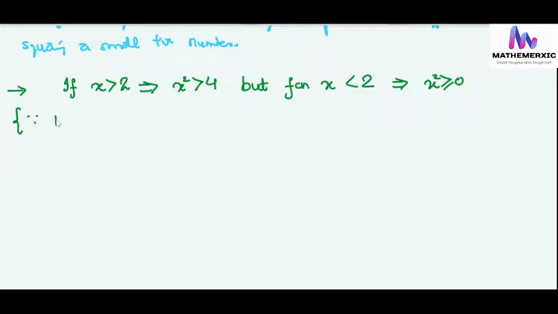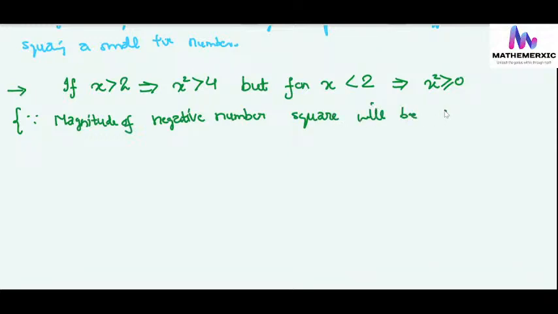Since the magnitude of a negative number, when squared, will be greater than that of a smaller magnitude number.